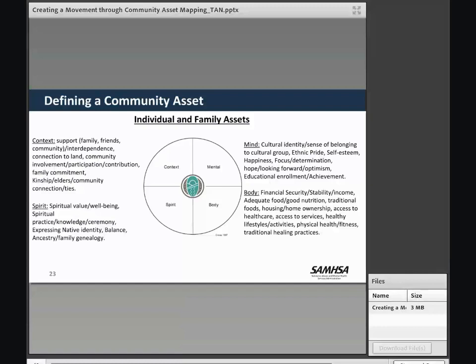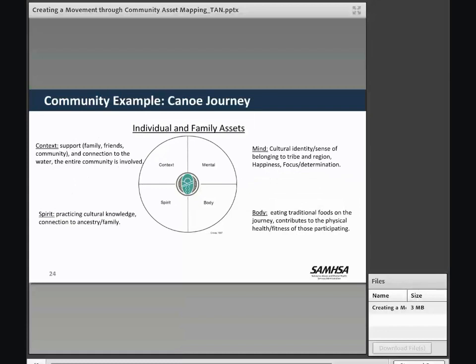And then in the spirit, we have spiritual value and well-being, spiritual practice, knowledge of ceremonies, and expressing Native identity. So these are all examples, helping to define what a community asset may look like in these different quadrants.